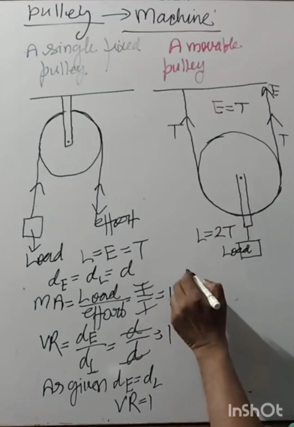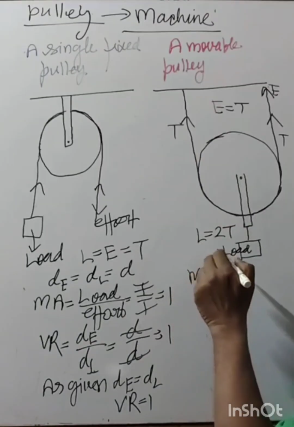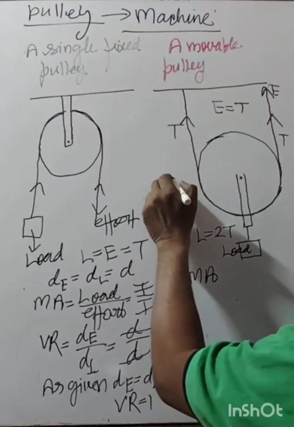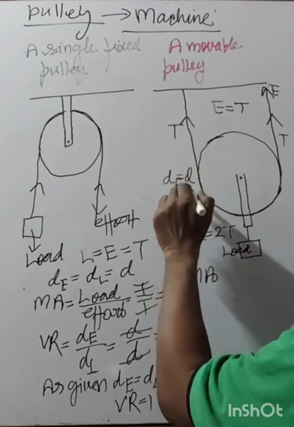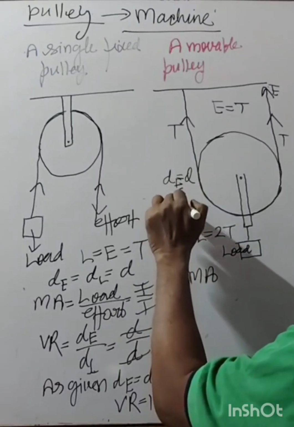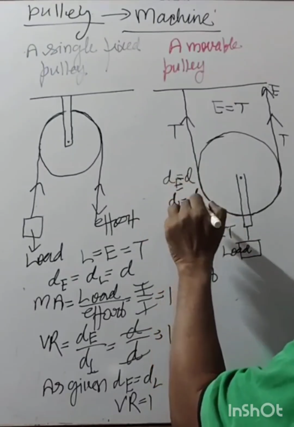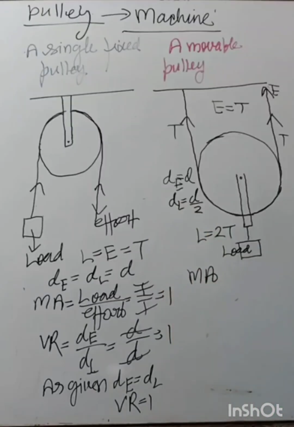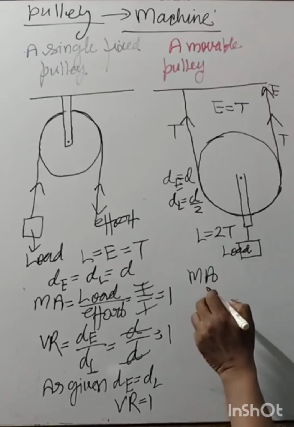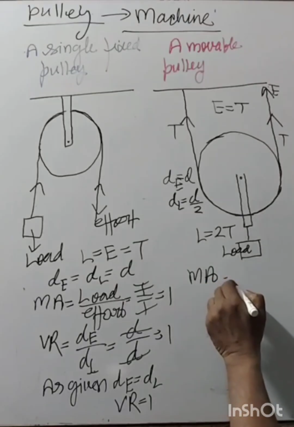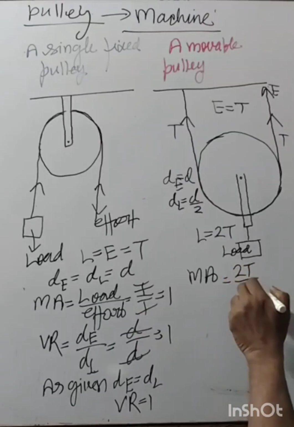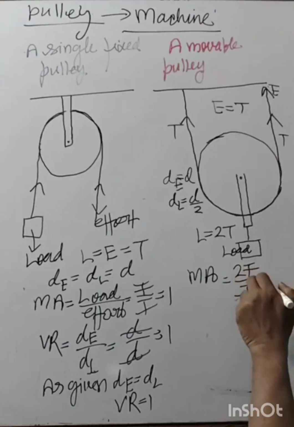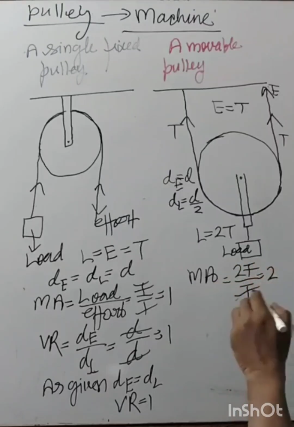So mechanical advantage, and next we have effort arm is equal to D and load arm is equal to D by 2, half. So mechanical advantage is equal to 2T upon T, cancel out, mechanical advantage is 2.